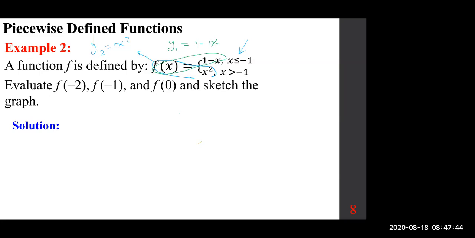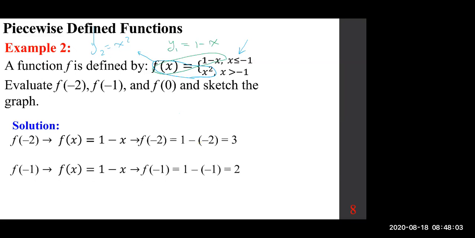So we want to find f of negative 2. The point is, do you use the top portion or the bottom portion? Because it's negative 2, okay, you use the top portion. We want f of negative 1. Negative 1 has the equality for the top portion. So again, you use the top portion. Again, you've seen this stuff. It really should be boring, okay?